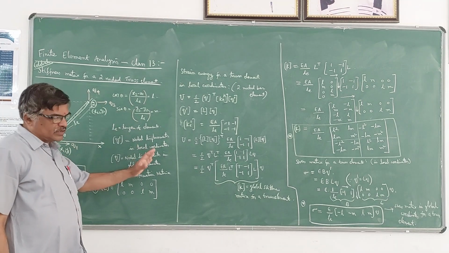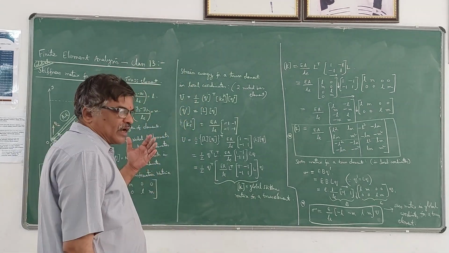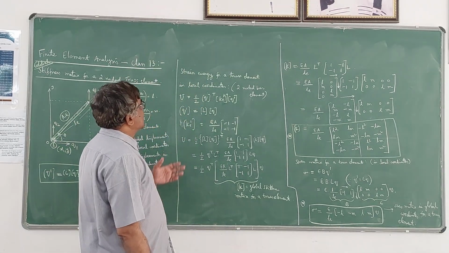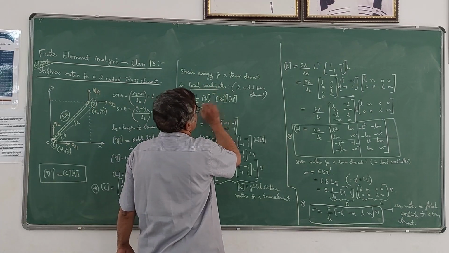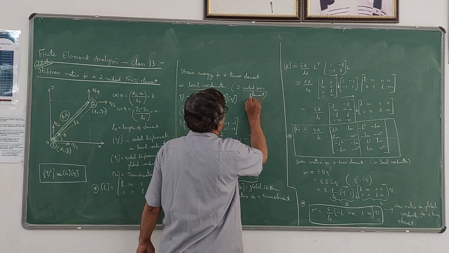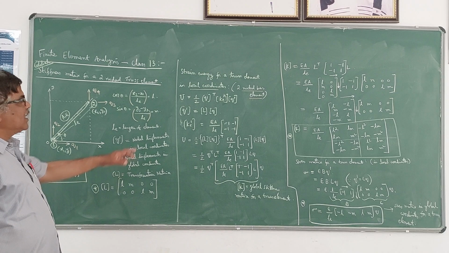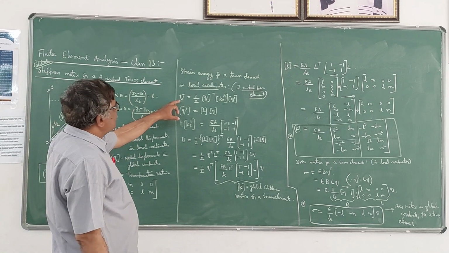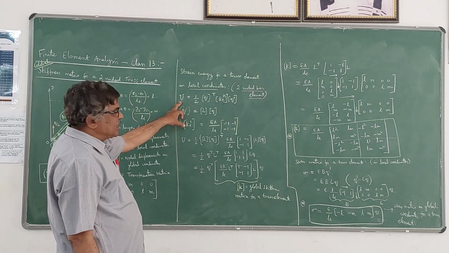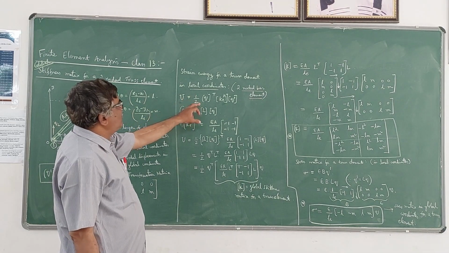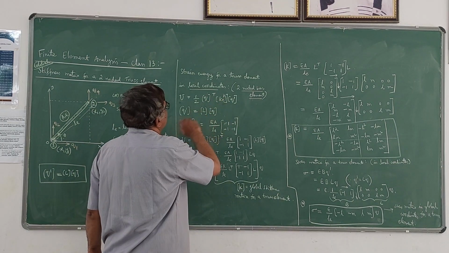Now, the derivation starts like this. We have to start from the concept of strain energy, as we did in the earlier case also. The strain energy for a truss element in local coordinates is the same as the strain energy for a two-noded bar element which we derived earlier. According to the definition of strain energy, U is equal to half into q dash transpose into Ke dash into q dash.